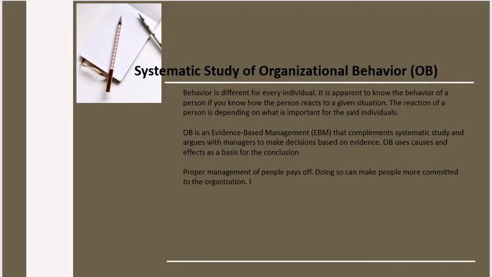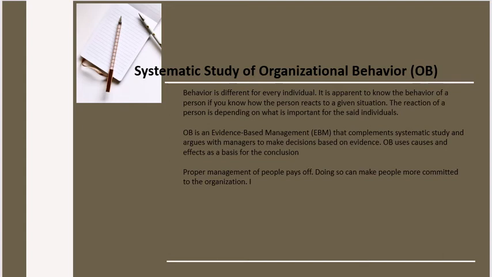To begin with our proper discussion, let's define the systematic study of organizational behavior, or OB. Behavior is different for every individual. You get to know the behavior of a person if you know how the person reacts to a given situation.